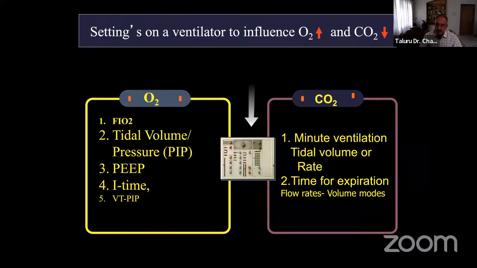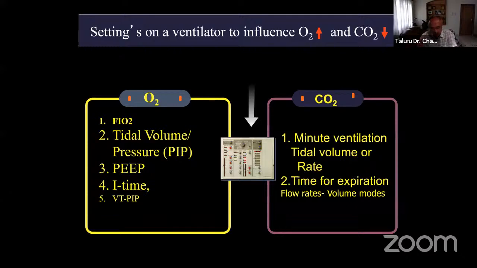Whereas for carbon dioxide, in a normal patient, it will be minute ventilation, but not in COPD. When it becomes COPD, it becomes alveolar ventilation because dead space comes into the equation. When I speak of COPD, I'll teach you. And the time for expiration. This time for expiration is the IE ratio when you are ventilating in the OT.